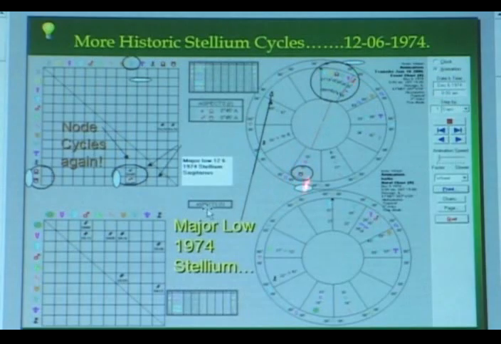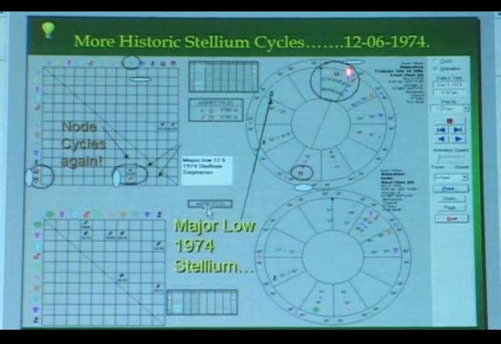There was also a stellium. Now the stellium is 3 or more planets together in the same sign. So in this case, we had quite a few planets in this historic low, which was a stellium opposed to our past karma, or the south node.